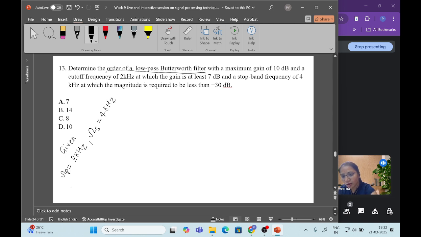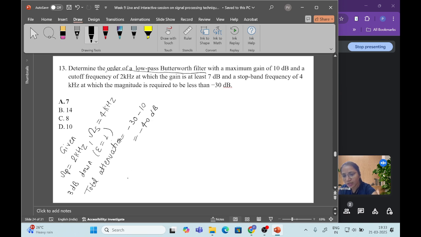3 dB down, so here it is, E must be equal to 1. Okay, so total attenuation, what will be the attenuation equal to minus 30 and maximum gain, that is minus 10, equal to minus 40 dB.